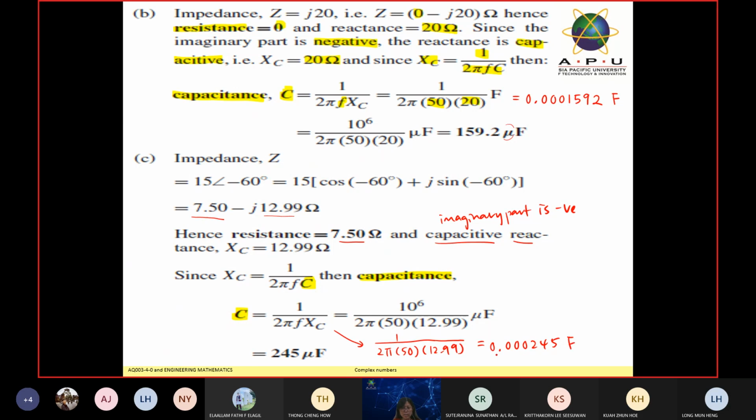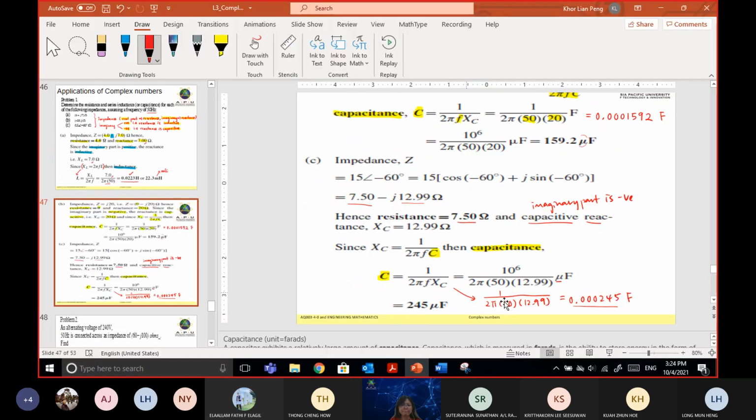So this is the original answer. Here they put the micro, so you have 245. So this is how we do the calculation. If you don't put it in micro, it's fine. You can just put it as the original number.